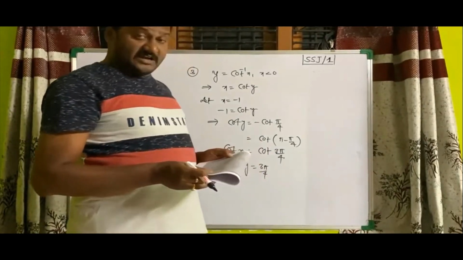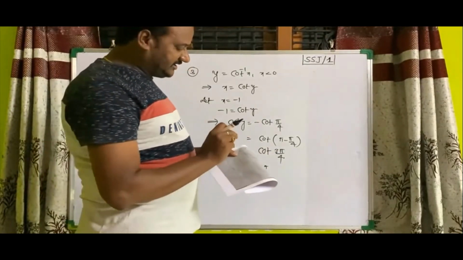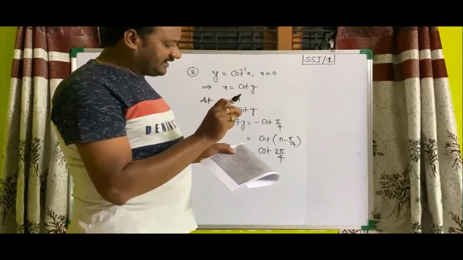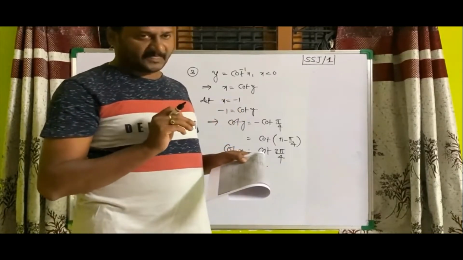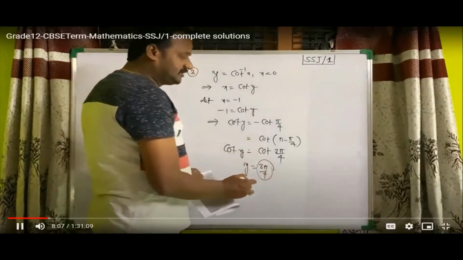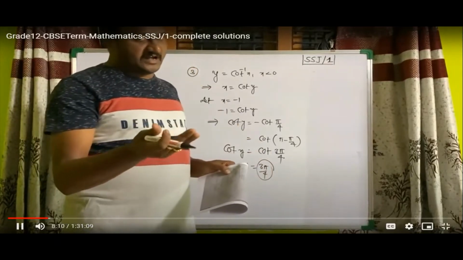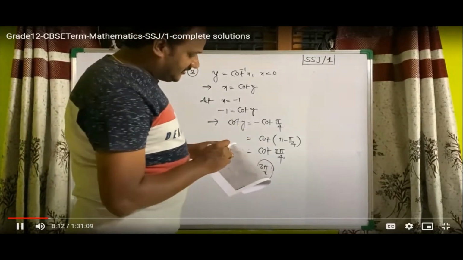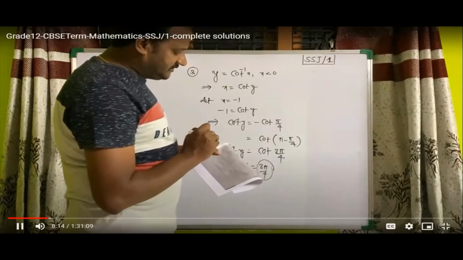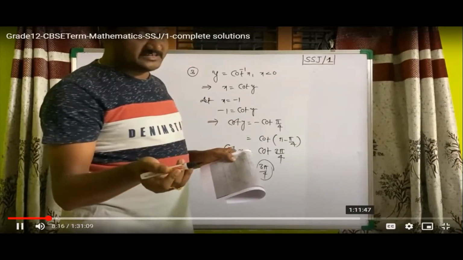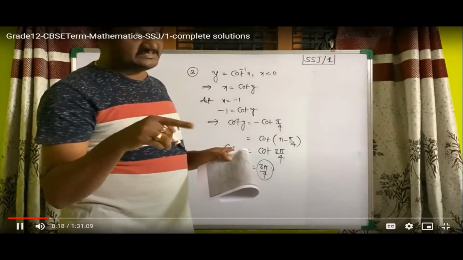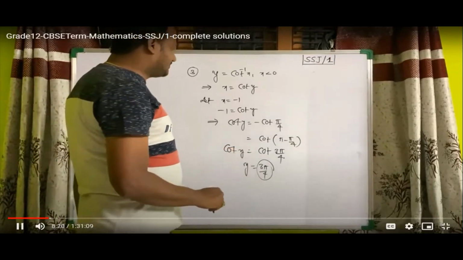Let me just go through our options. So here pi by 2 less than y less than or equal to pi. So your 3 pi by 4 is above pi by 2 and below pi. But here the option is given as pi by 2 less than y less than or equal to pi. Less than or equal to pi means what?